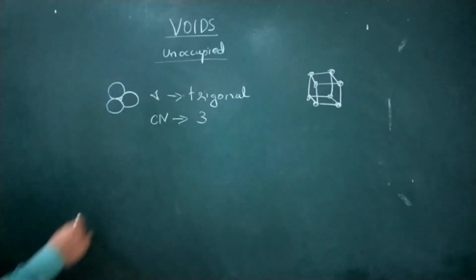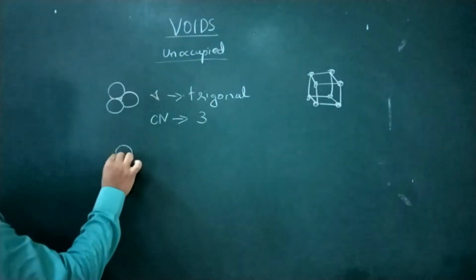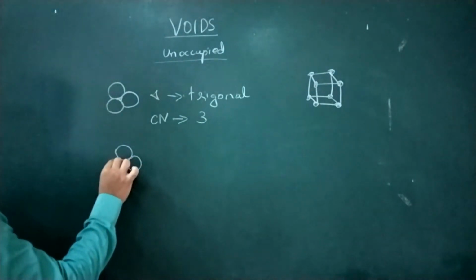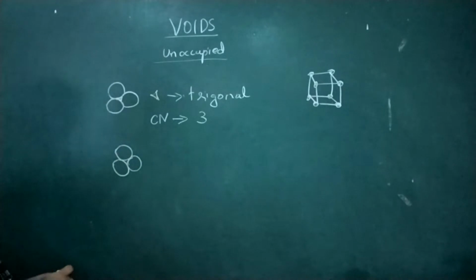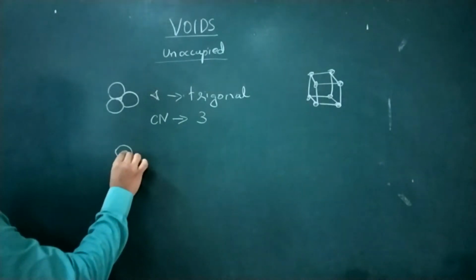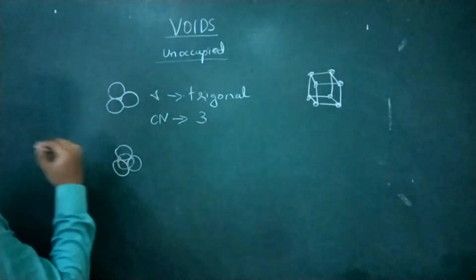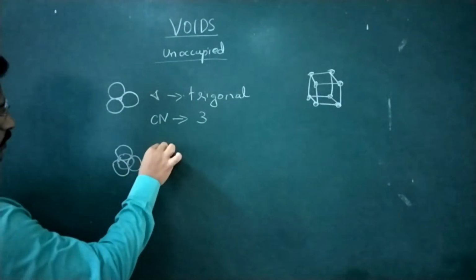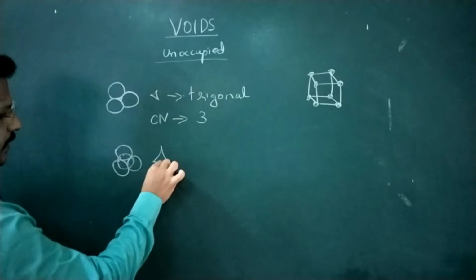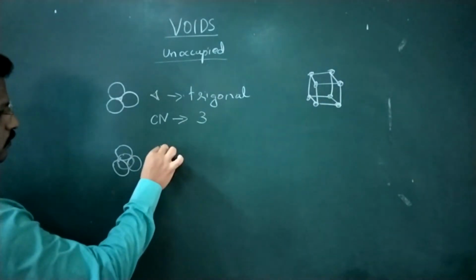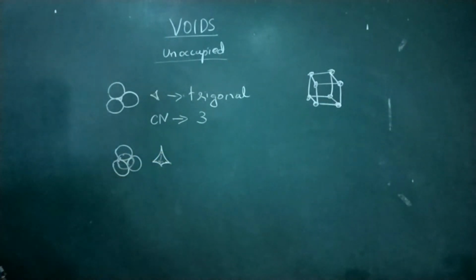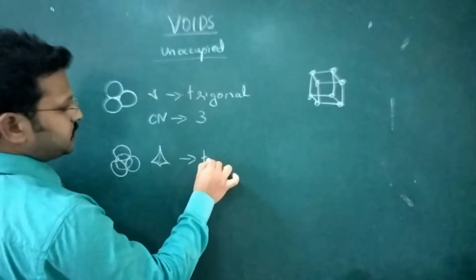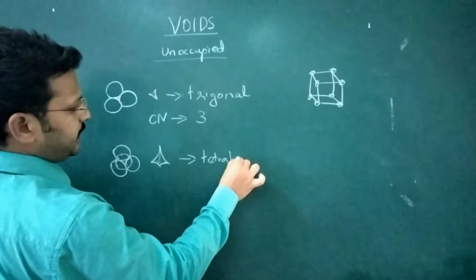Next, I am placing an atom over this trigonal void. When I place an atom over this trigonal void, three-dimensionally it will fit to give a void like a tetrahedron, and this void is termed a tetrahedral void.